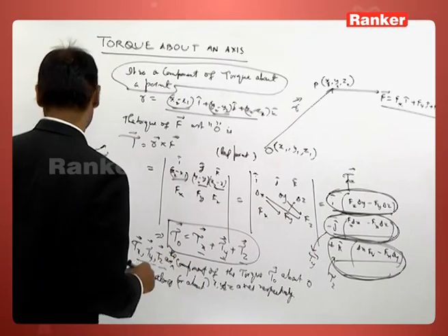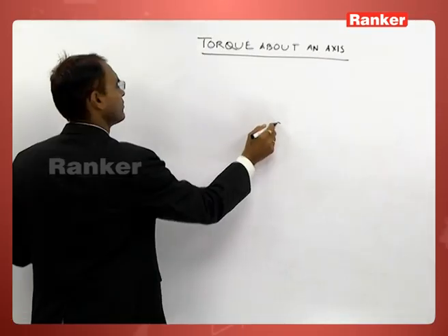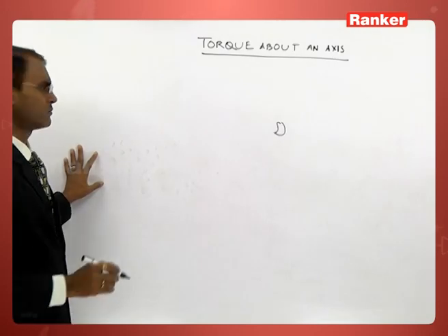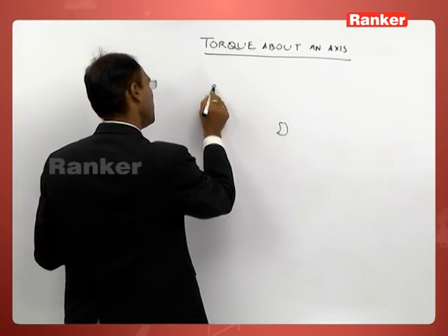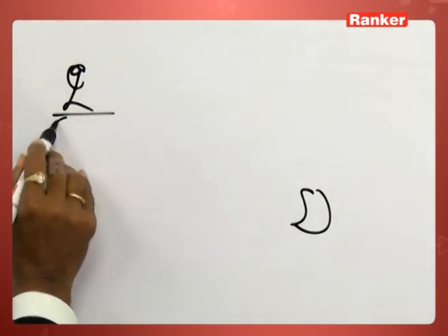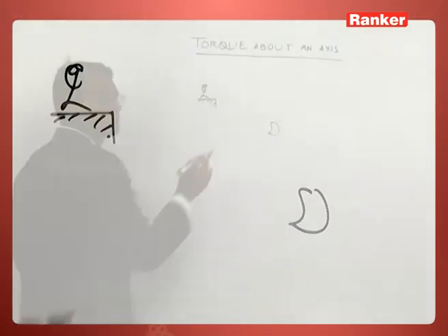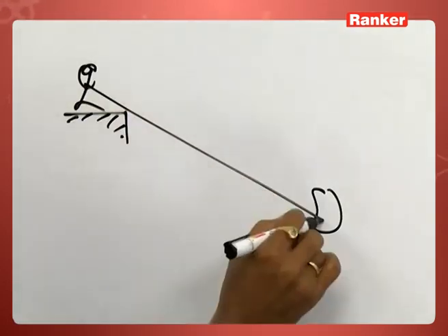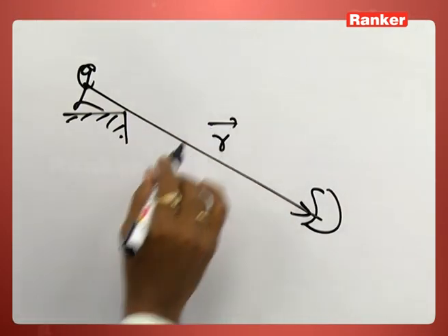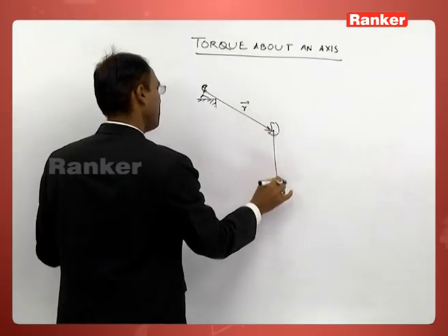Let us take an example. You take a mango and you stand here. The position vector of the mango with respect to you is r, and gravity pulls the mango down.